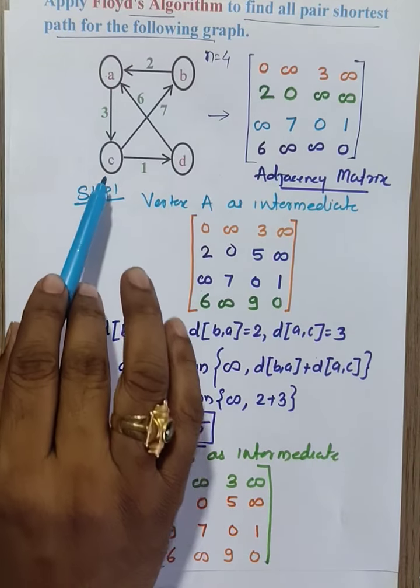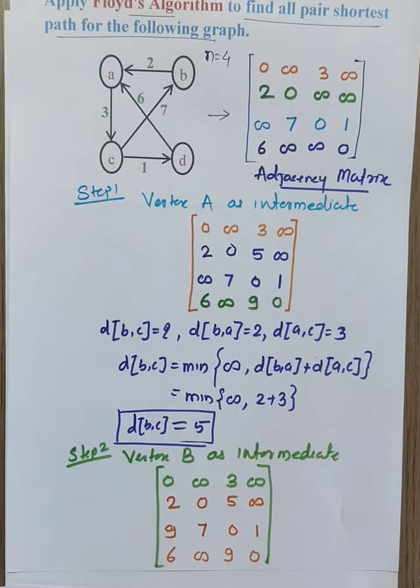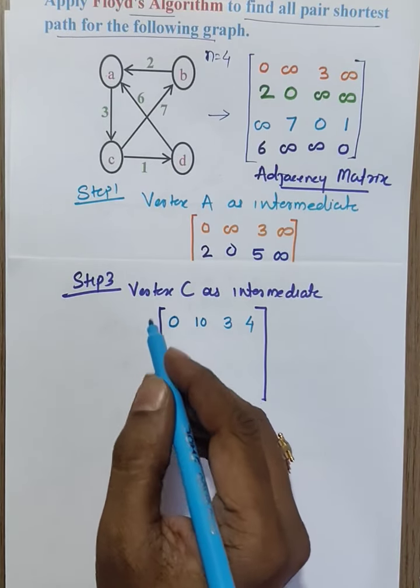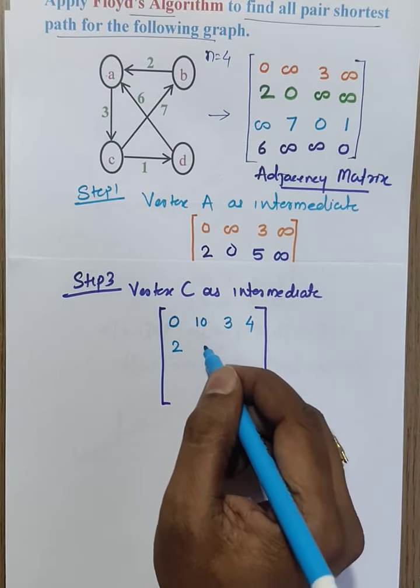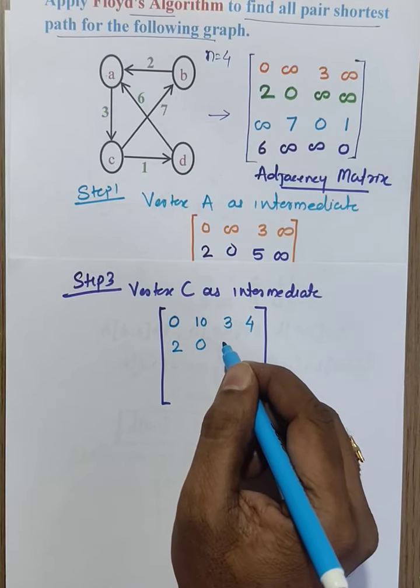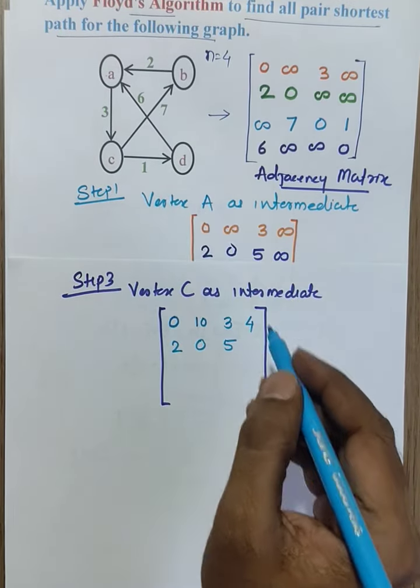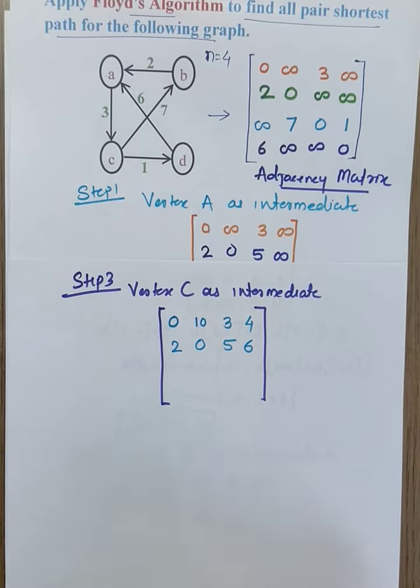Then B to D, this is 5, 5 plus 1 means 6. So B to A is 2, B to B is 0, B to C is 5 and B to D is 6.